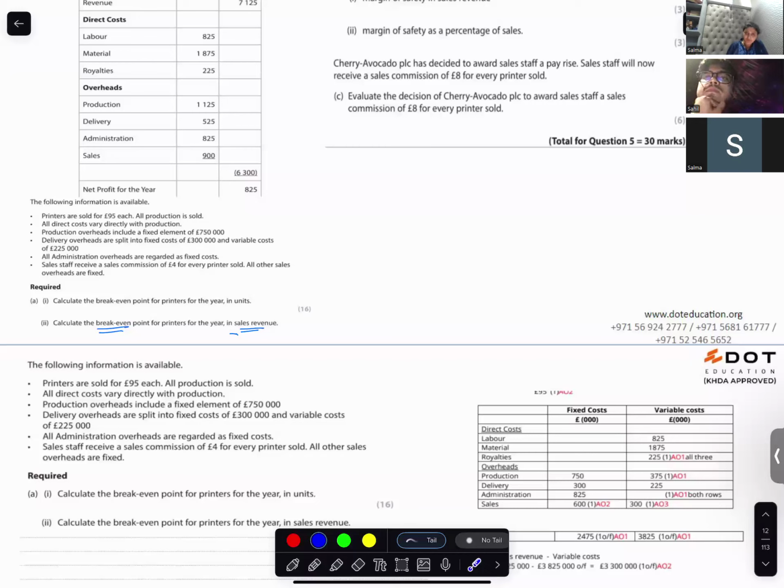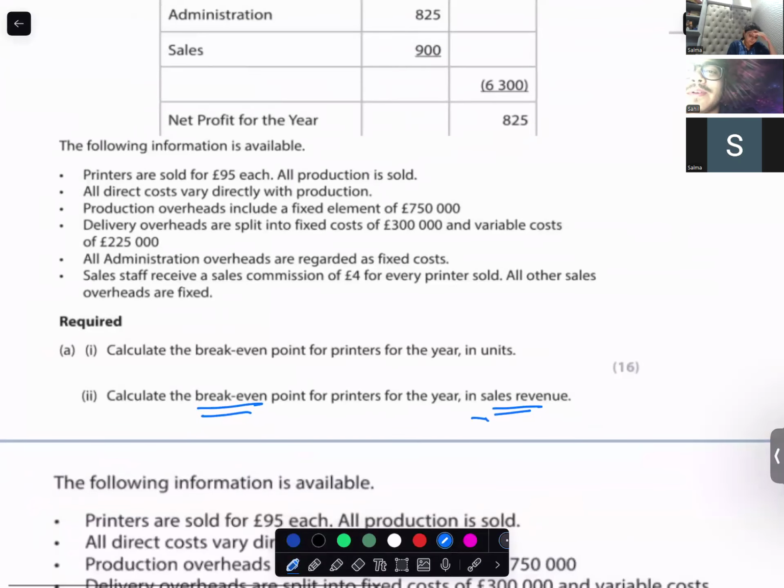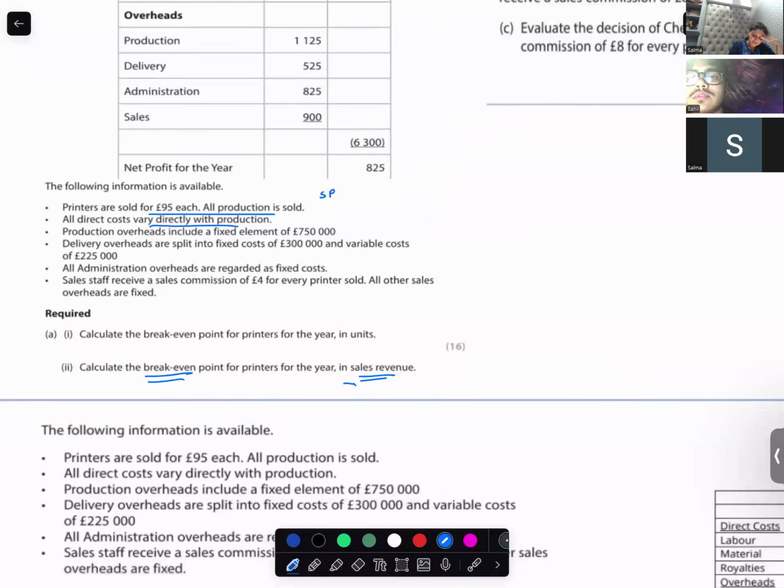Information is available. Printers are sold for 95 pounds each. All production is sold. All direct costs vary directly with production. What do I need?